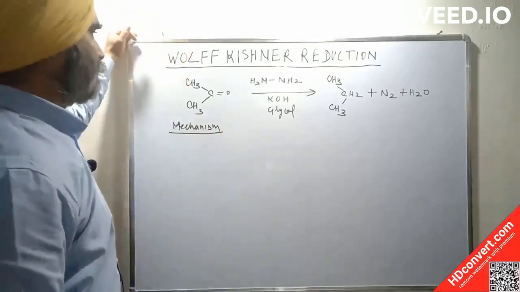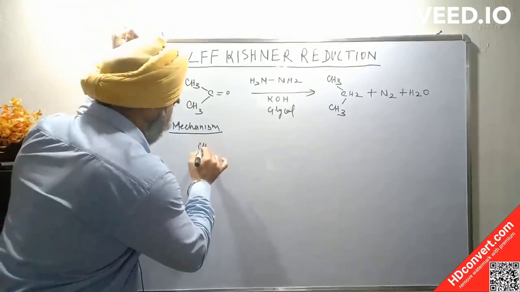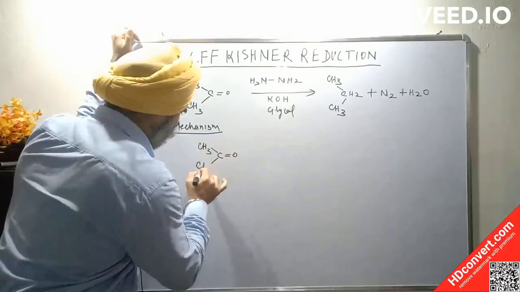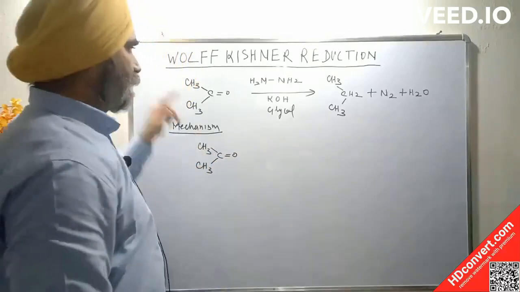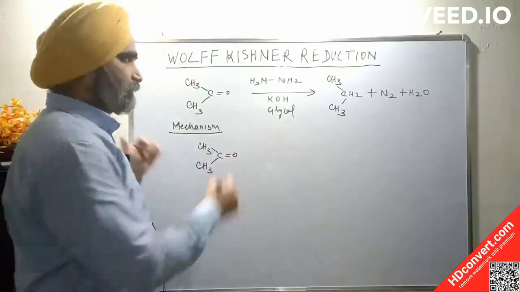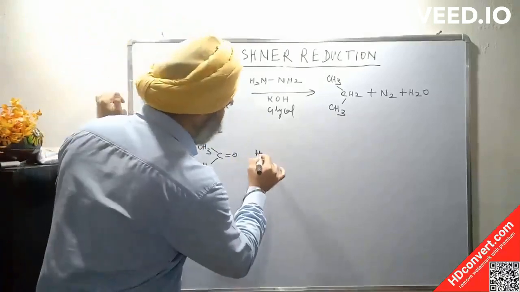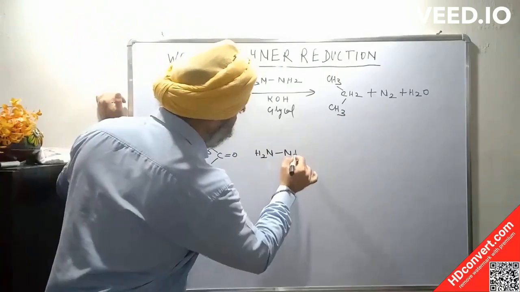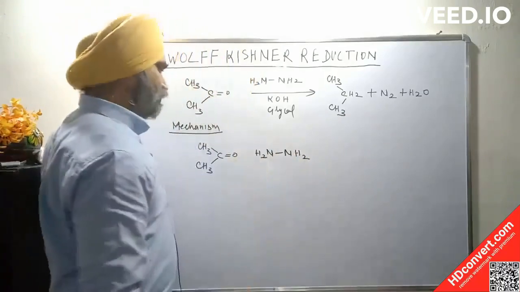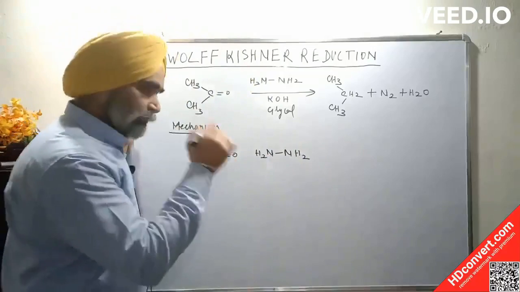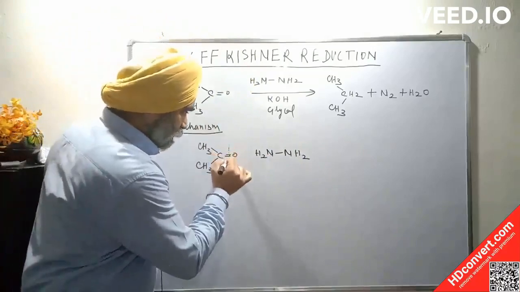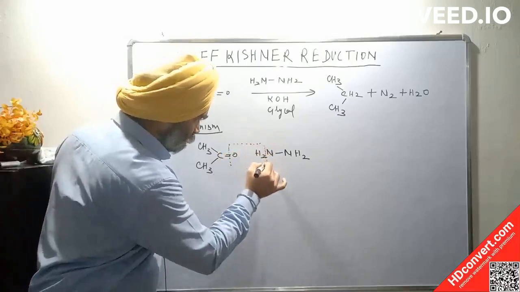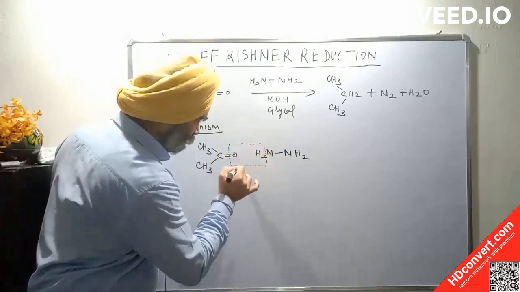So what happens in the mechanism? We are starting with ketone, CH3C double bond O, CH3, and we are treating this ketone with hydrazine, H2N NH2. So what will happen? You can see in this reaction a molecule of water is liberated.